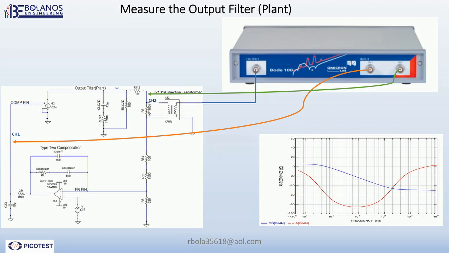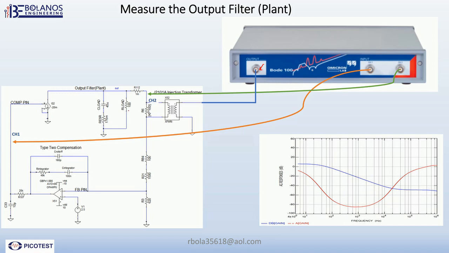So this is the way you hook up your Bode 100 to measure the transfer function of the output filter. The output will be connected through the J2101 injection transformer. That injection transformer will be connected across R6.